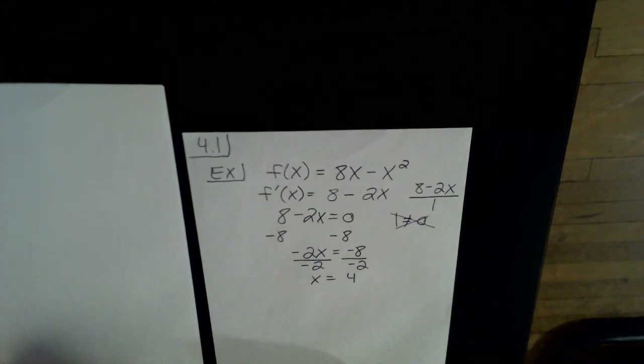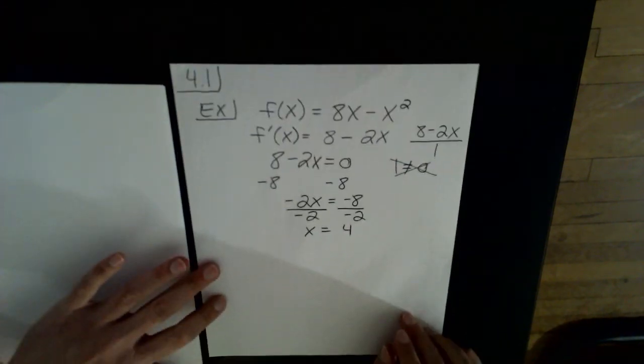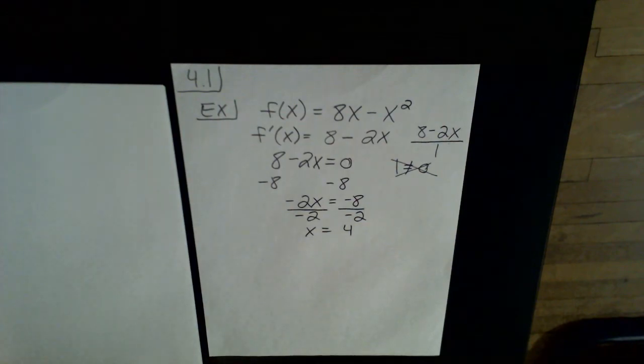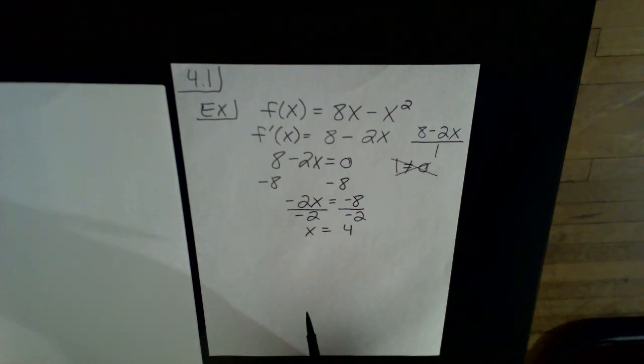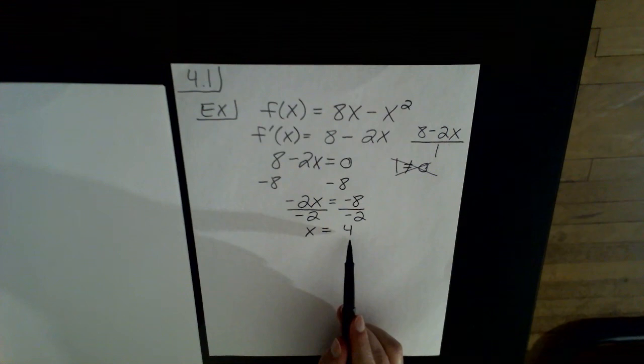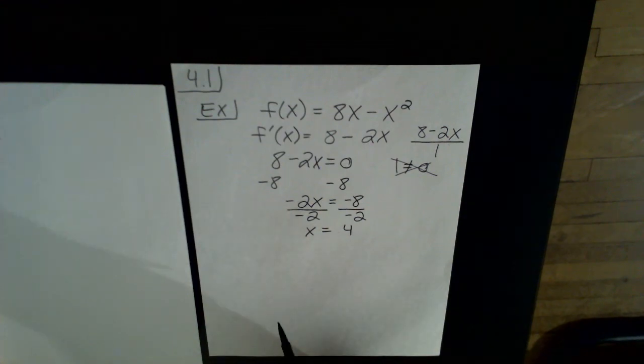So x equals 4 is our partition number. It's our only one. So the last step said we had to take this partition number and any others that we could find. In this case, there's only going to be this one. And we have to test a value to the left and right of each of them.